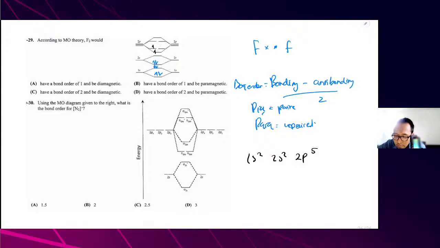It should be 10, right? 1, 2, 3, 4, 5, 6, 7, 8, 9, 10. But it should be like this.